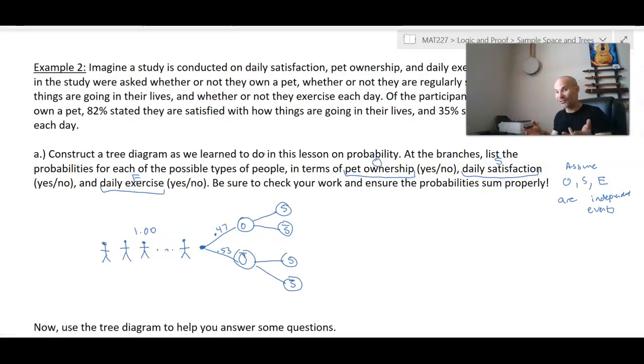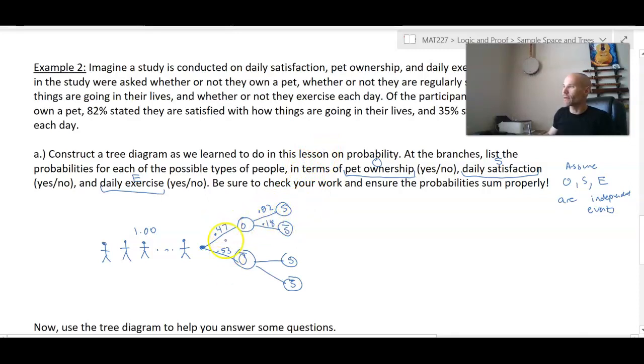I'm not saying that it can't contribute, and we could, I guess, argue both ways, but because of these percentages, this is all we have, so we're just going to assume that of the people who own pets, still 82% of them are going to be satisfied with how things are going in their lives. That means that 18% of them are not.